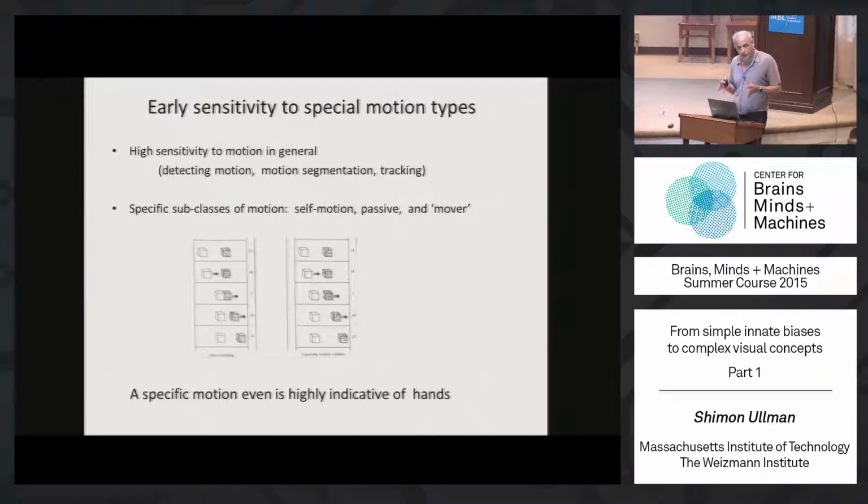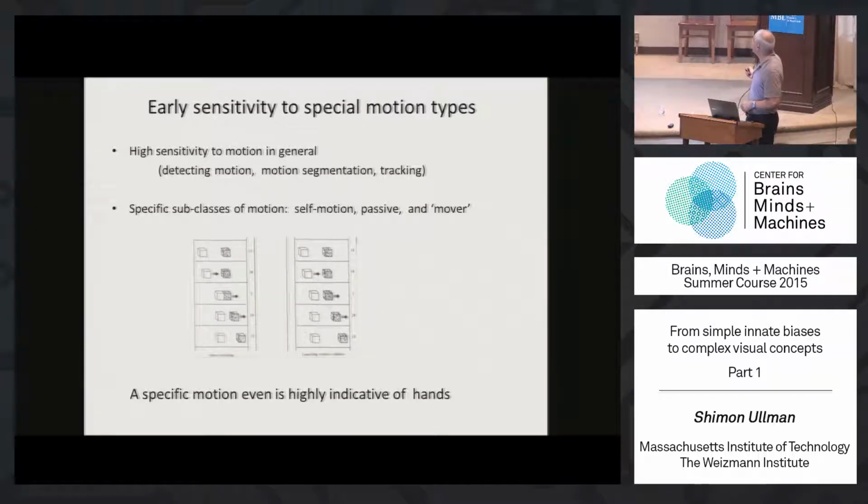And for us, this was sort of the guideline, the open door, to what may be going on that lets infants pick up specifically on hands and quickly develop a well-developed hand detector.